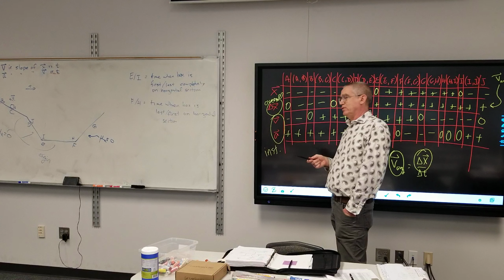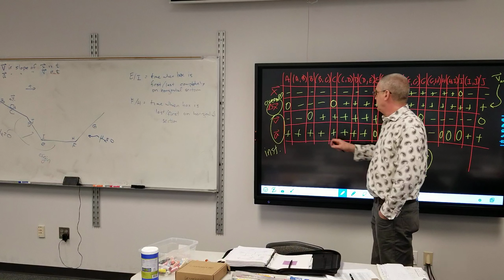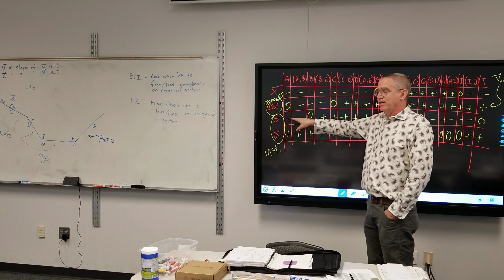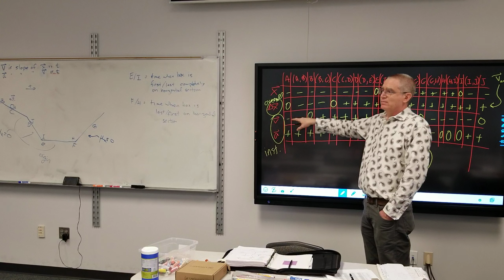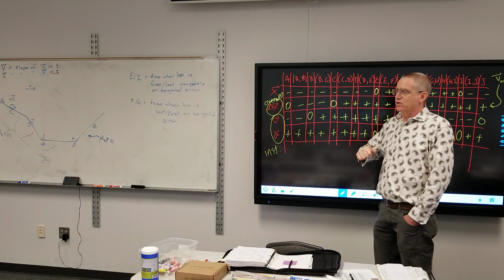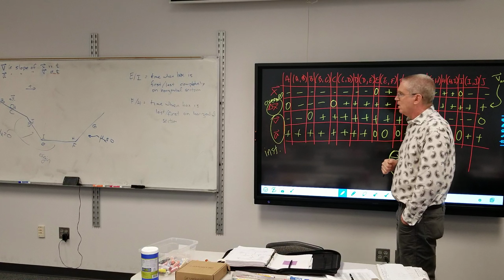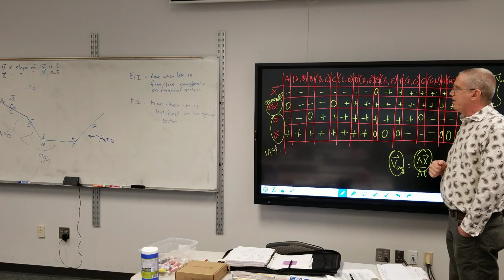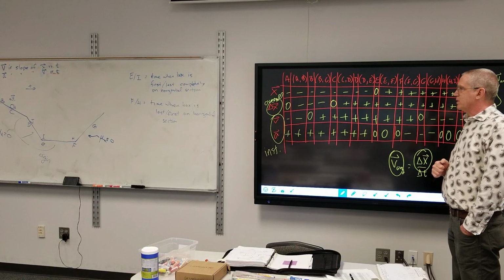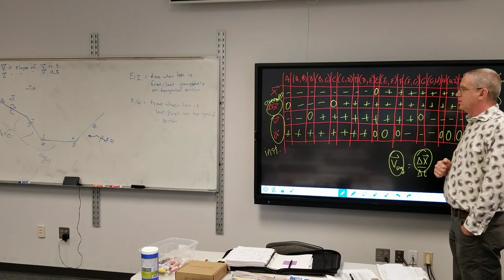So if I ask for instantaneous speed, you basically take this and anything that's negative, make positive. The speed doesn't care which direction you're going in, it's a positive number. Average speed would be distance over time, and distance is always positive.